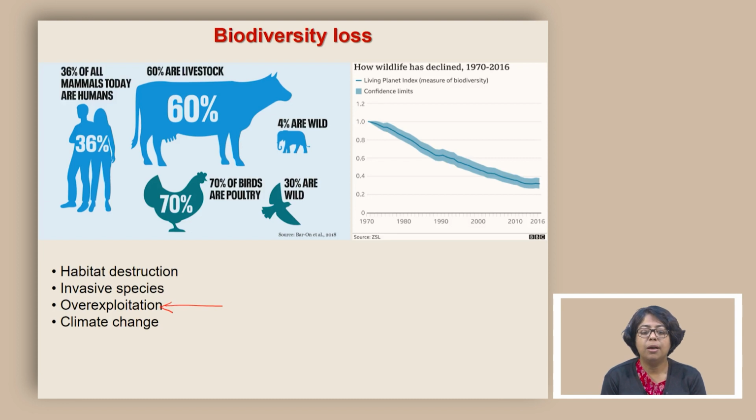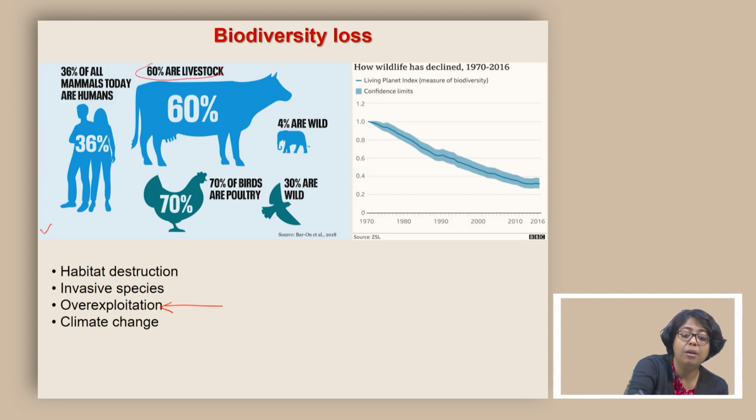So, it is not unusual to represent the overall biodiversity of the world in this cartoon framework, where 36% of all mammals today are human, which is not a pattern which sustains biodiversity.